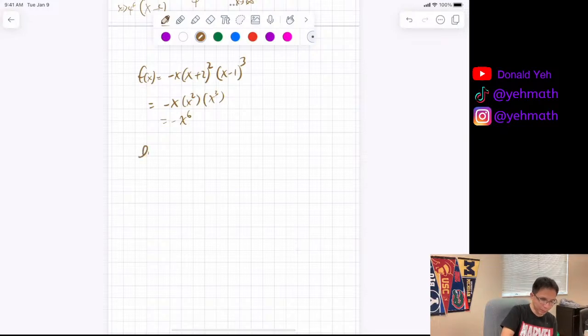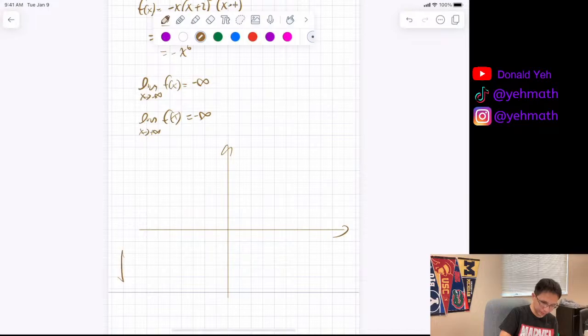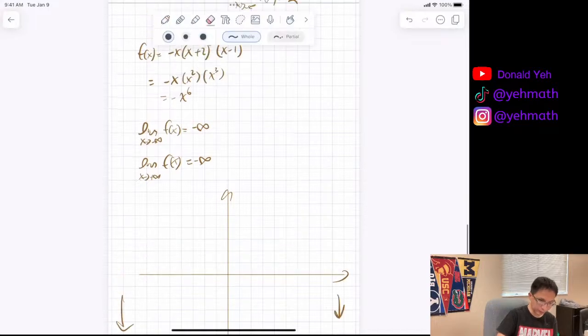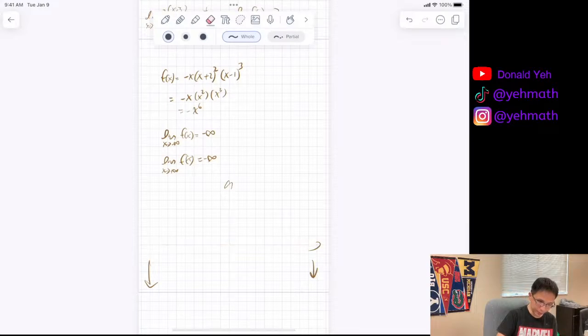So what is my end behavior? It's down, down, thank you. But you should write it down like this. Both sides down. Right? Good. You got it at 0. Oops, my bad. At 0 here.